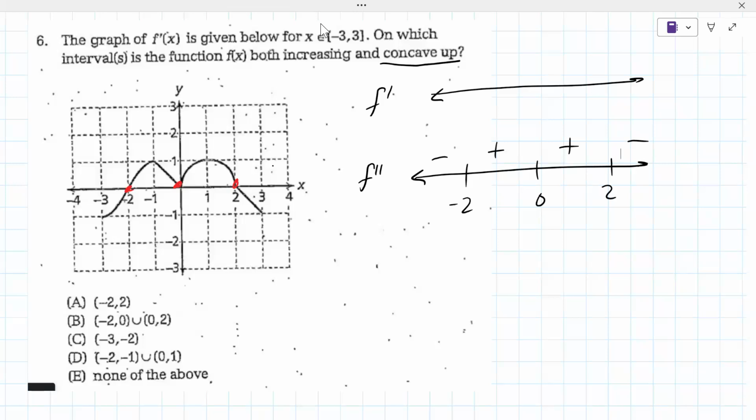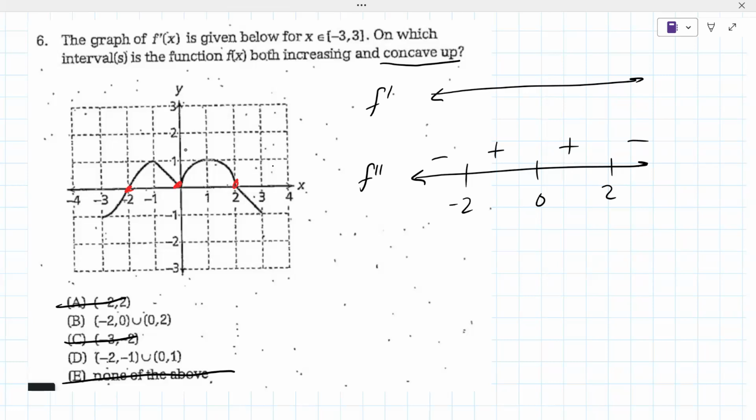So how do we tell from this graph if the first derivative was positive or not? The slope is positive. Yeah. So how does that affect your answer here? We're basically down to those two, like -2 to -1 and 0 to 1.